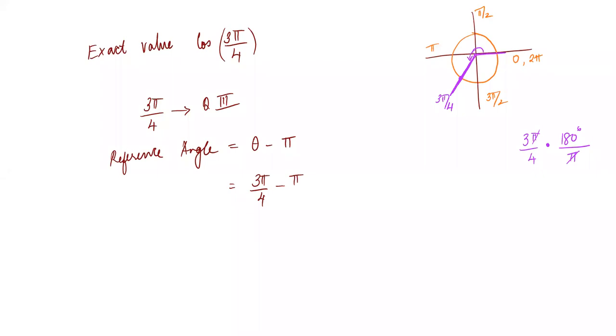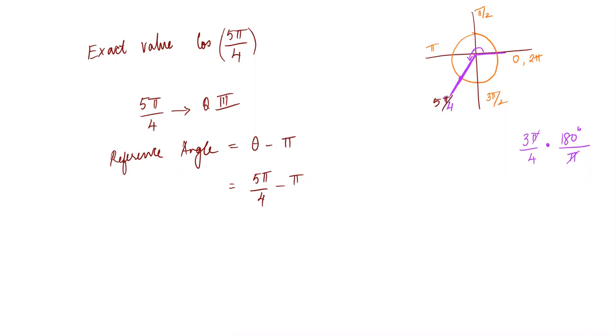Okay. All right, so 3 pi, wait a minute, oh my gosh, I copied the question wrong. I apologize. It's 5 pi over 4. 3 pi over 4 is actually in the second quadrant. Sorry about that, 5 pi over 4.